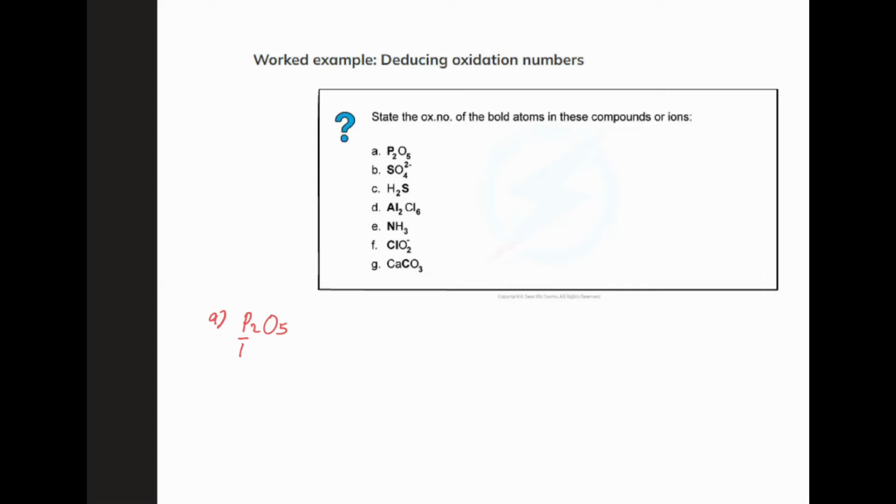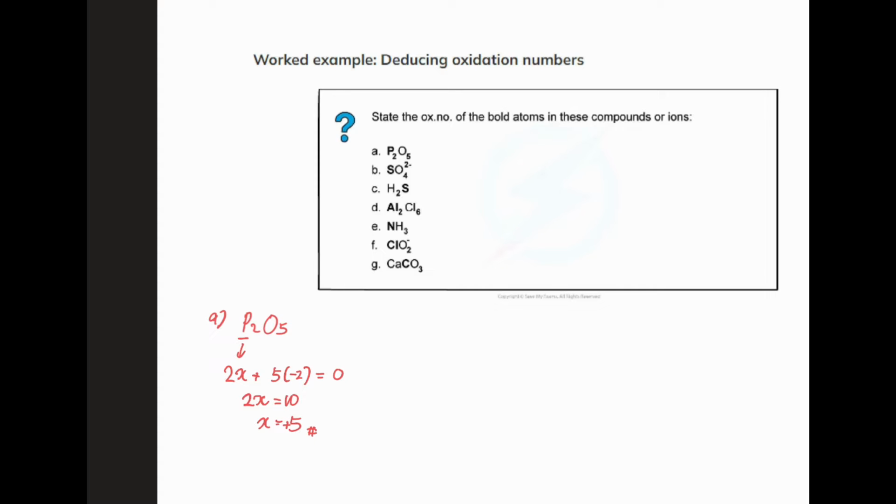We don't know it, so we call it X, and there are 2 of them. Oxygen we know is -2. The overall charge is 0. So 2x equals 10, x equals +5. So the oxidation number of phosphorus is +5.